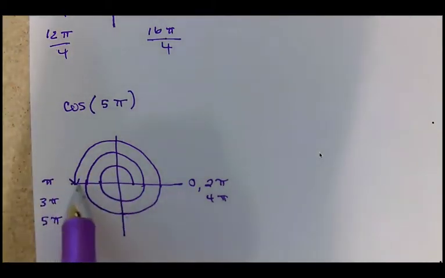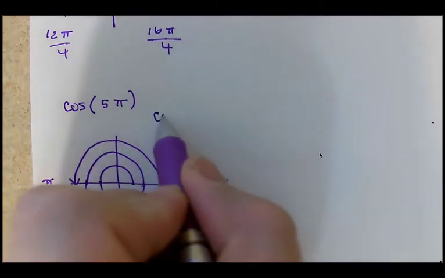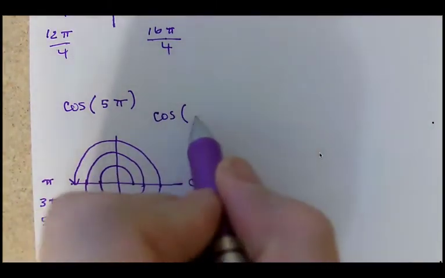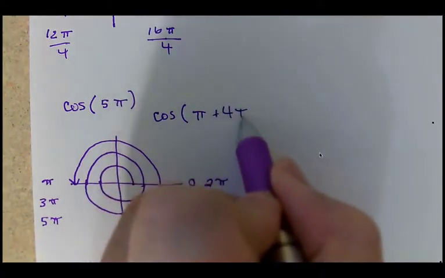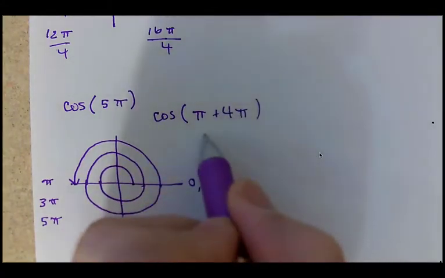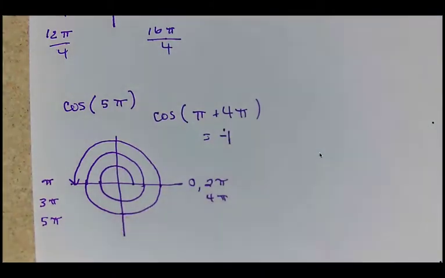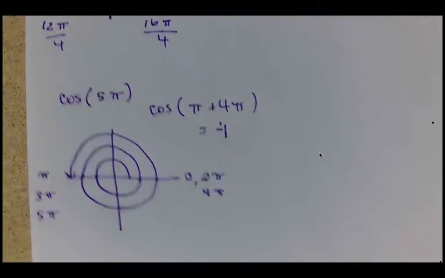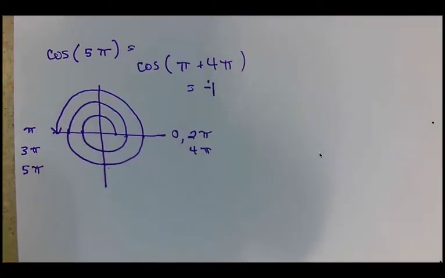The cosine of 5 pi is equal to -1. And finally, we have tangent.